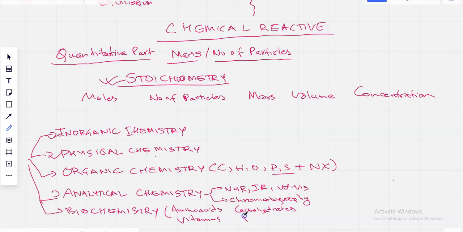Sugars, and you can talk about fats and lipids. I'll put them together. And what else? Nucleic acid, of course, the one that makes your DNA and RNA. So these are the molecules that you talk about under biochemistry.